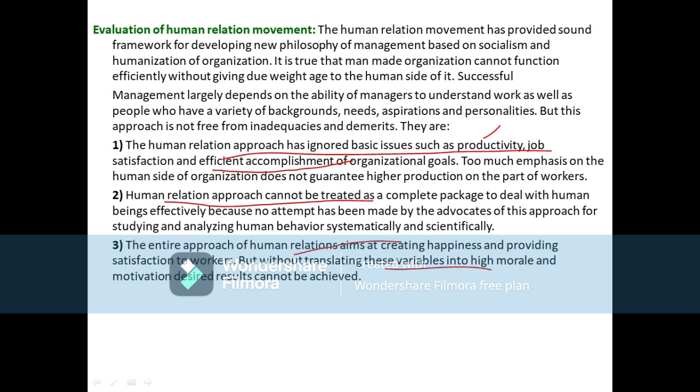For example, they have stated recognition and self-actualization. But it is not possible every time to give recognition to every employee in the organization. So these are vague, if we want to say. Proper scientific method is not there.